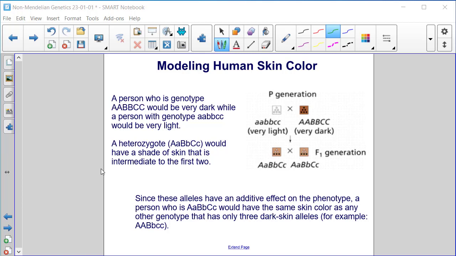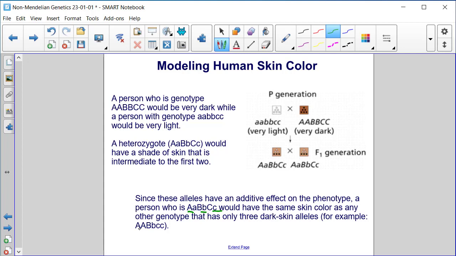Since these alleles have an additive effect on the phenotype, a person who is heterozygous dominant for all three would have the same skin color as any other genotype that has only three dark skin alleles.